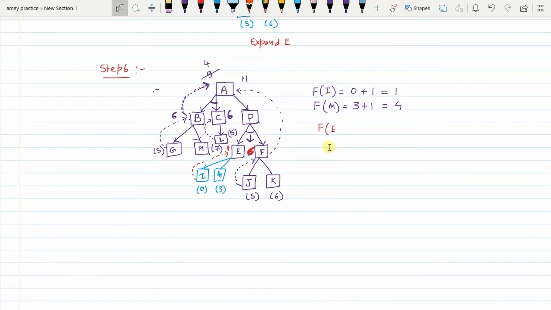F of EF will be nothing but f of E plus f of F. Now f of E is what? We have already found out the backed up value. F of E, the backed up value, is 1, plus f of F, the backed up value, is 6, right?